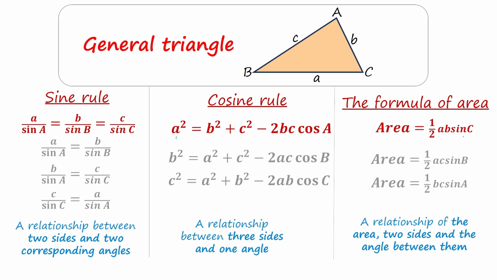That means whenever you can form a relationship between the area of a general triangle and its 2 sides and the angle between the 2 sides, then you should consider using the formula of area to solve the problem.